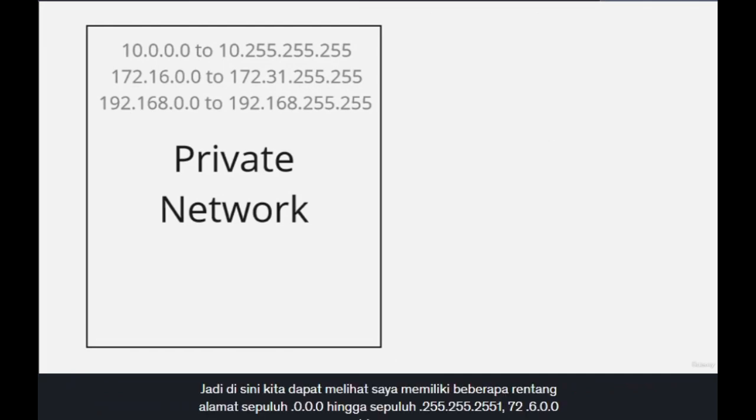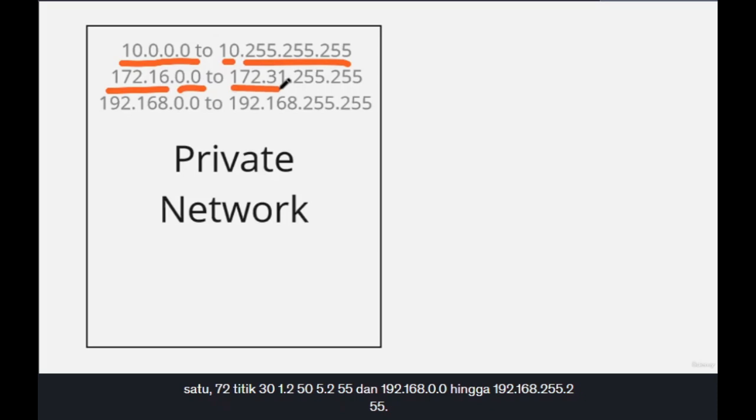So here we can see I have some address ranges: 10.0.0.0 through 10.255.255.255, 172.16.0.0 through 172.31.255.255, and 192.168.0.0 through 192.168.255.255.